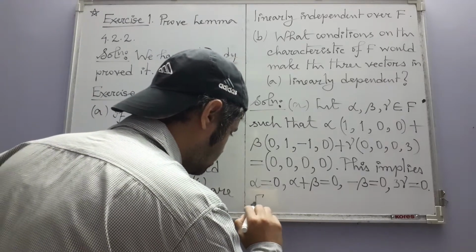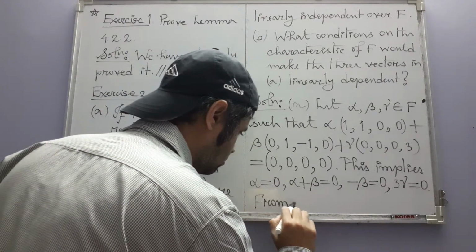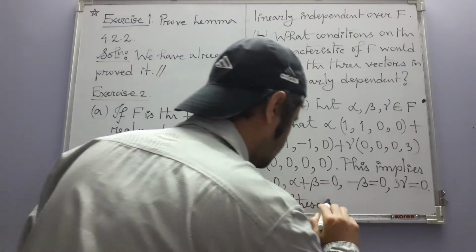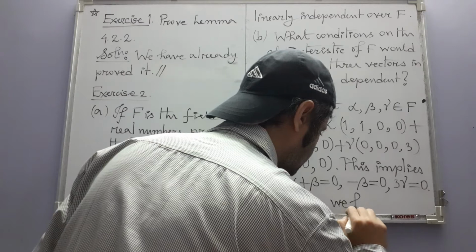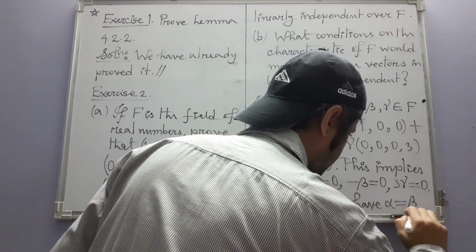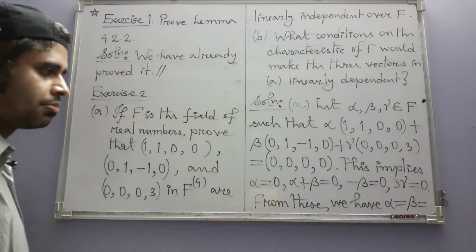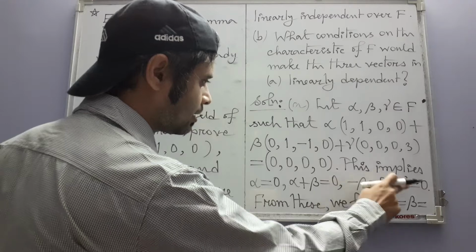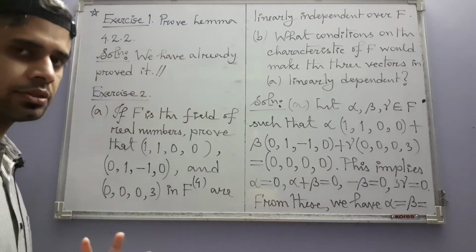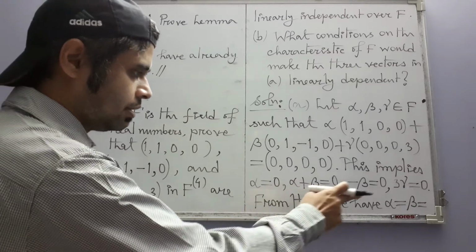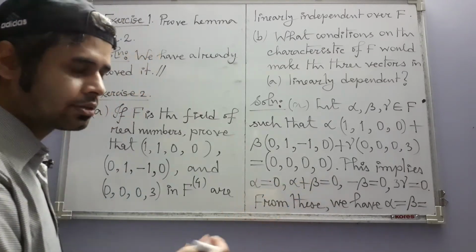From these we have alpha equal to beta equal to gamma equal to 0, because you see from the first, third and fourth equation you get them to be 0, and these 0 values satisfy the second equation also.